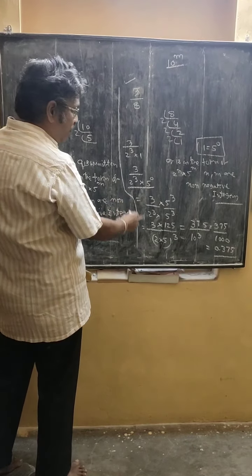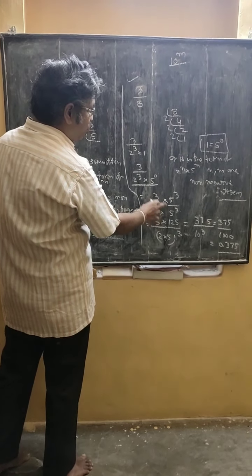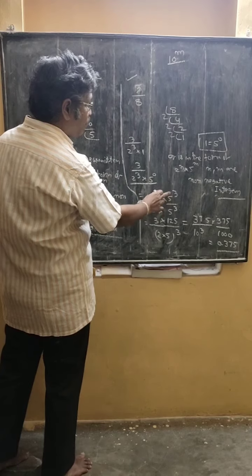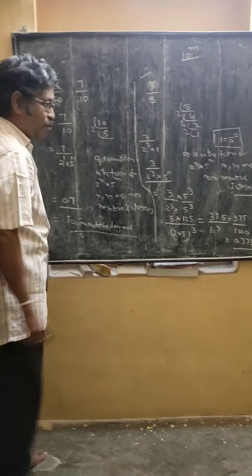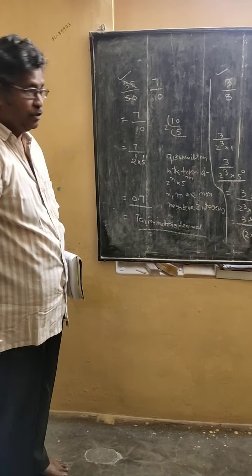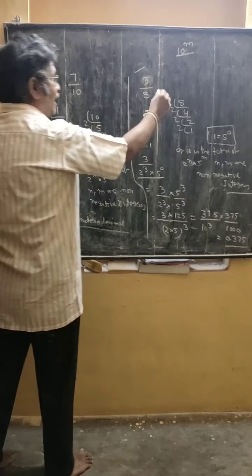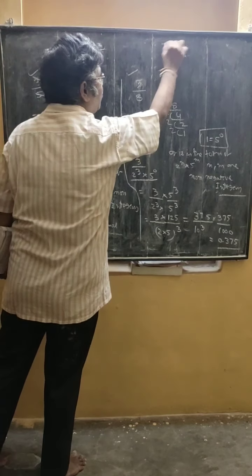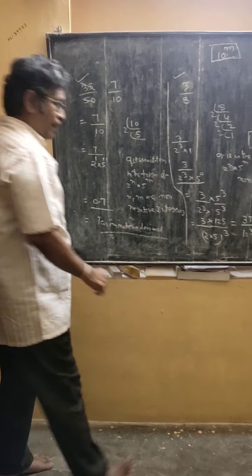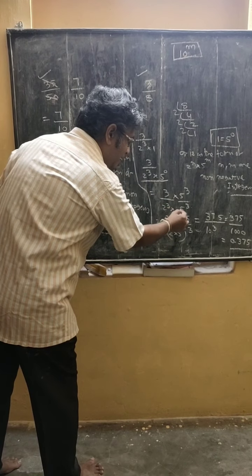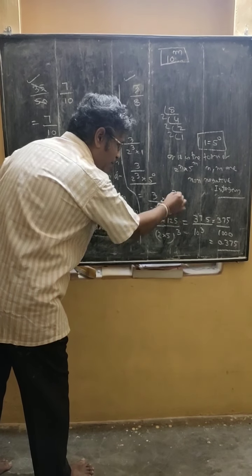And in order to convert into decimal form, both numerator and denominator should be multiplied by 5 cube. Why? To convert into decimal form, the denominator should be in the form of 10 power m. Here we have 2 cube, so both numerator and denominator should be multiplied by 5 cube.